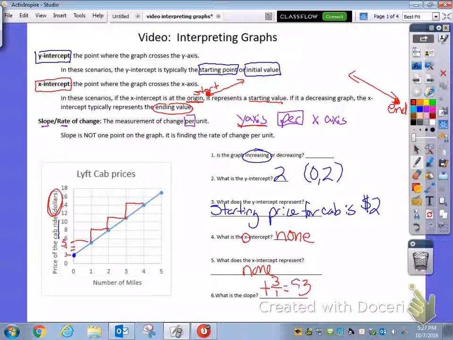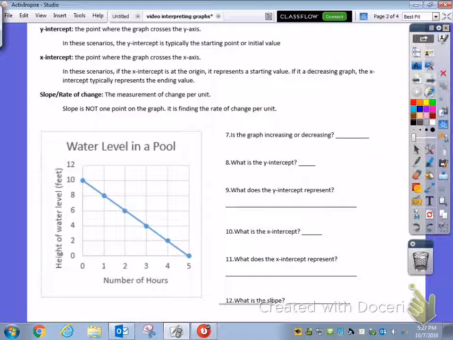So this is $3, and then I put my word per. And then what is my x-axis? My x-axis is miles. So it's $3 per mile. That's what you pay the taxi. You pay $2 to get a taxi, and then you have to pay $3 for every mile that you travel in the taxi.